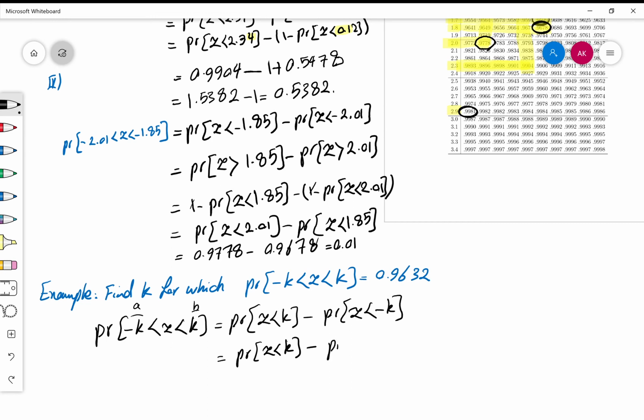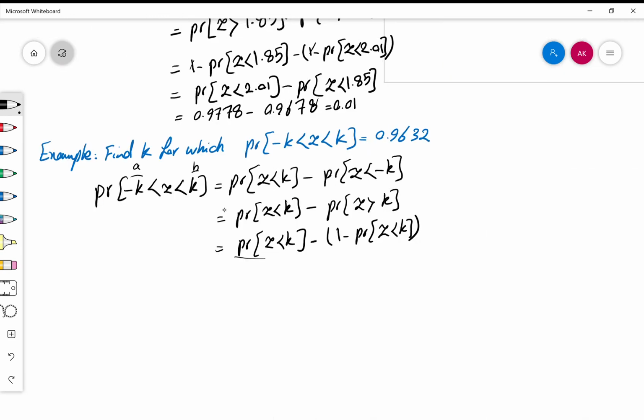I can drop the minus sign but flip the inequality, and then this gives me the probability of z less than k minus this. I can turn it to z less than by 1 minus the probability of z less than k, and then you see this minus minus, there are two of them, then this is 2 times the probability of z less than k minus 1 is what we started.